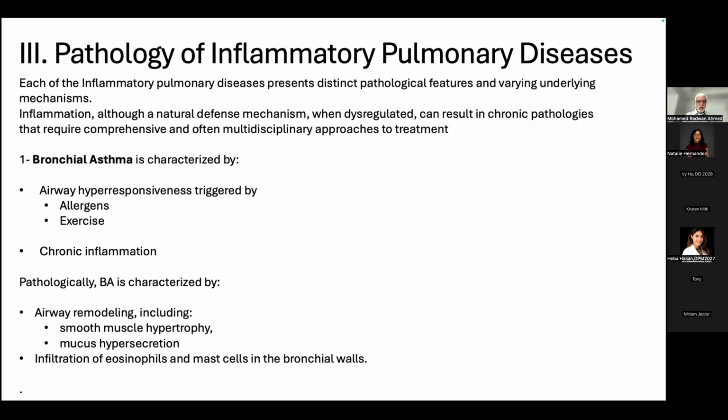So we have mucus hypersecretion, and we'll talk about that histologically, like goblet cell hyperplasia. Goblet cells produce the mucus. When you get exposed to just cold air or dust mites, you're going to get a lot of mucus secretion, what we call hypersecretion, which is not normal.